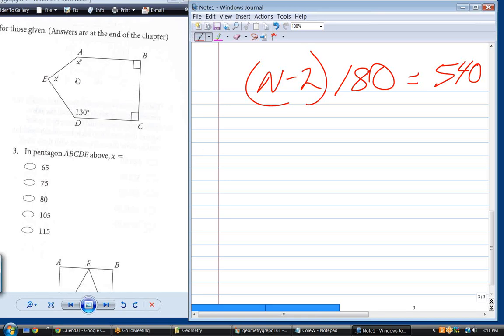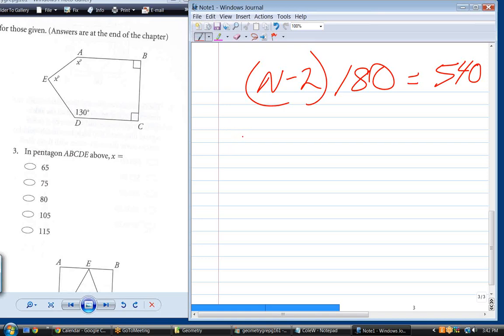So what equation can I write for this pentagon? What has to be true? These little things here mean 90-degree angles. So 300 plus 2x equals 540.